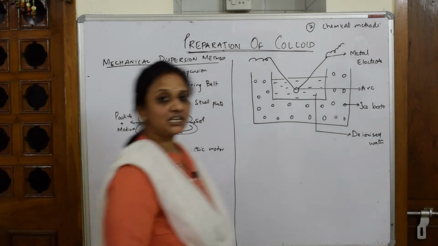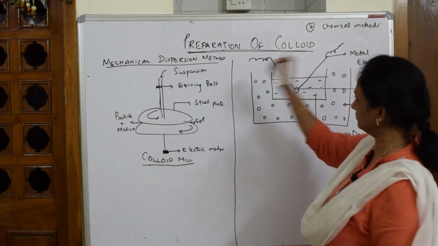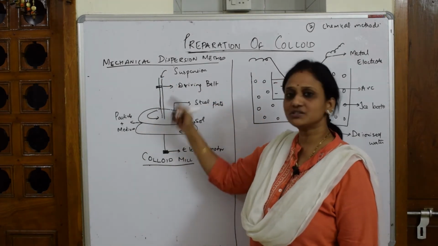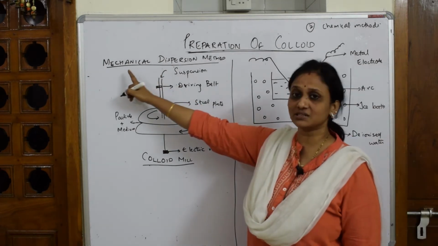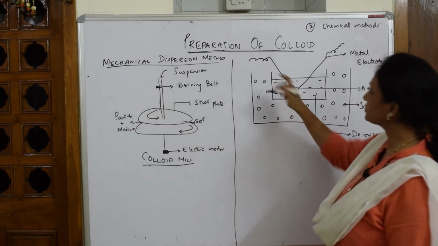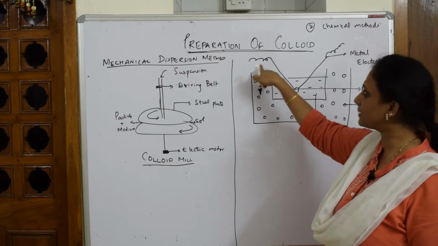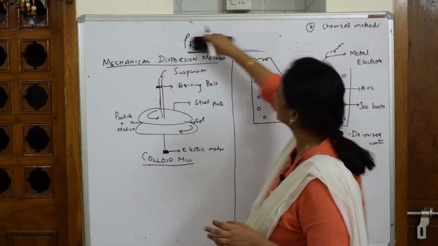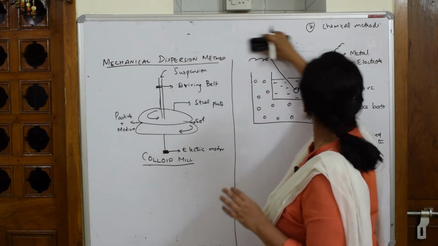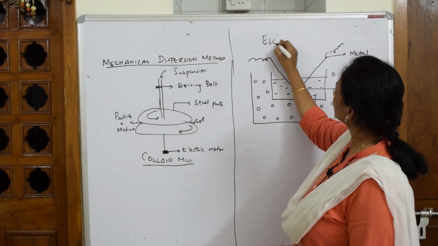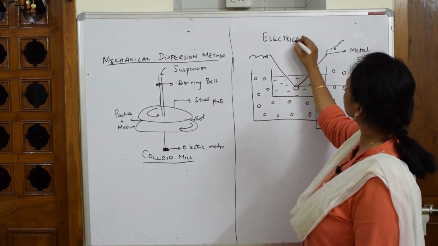So here, the second type of preparation, I am going to use this particular, this is mechanically we are going to grind it, right? Once you grind, that's the reason we have given as mechanical. Suppose when I am trying to use some electrical current through which I can get the colloidal particles, I am going to call them as, let me erase this and write. Yes, now whenever you find electric, I am going to call it as electrical dispersion method.